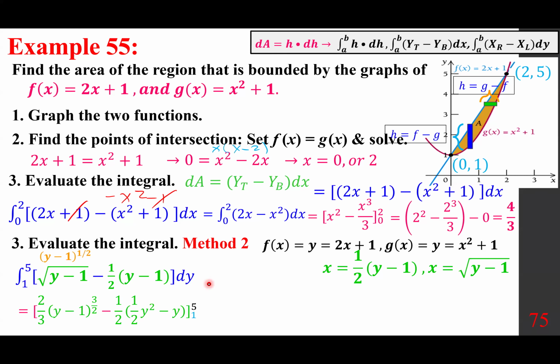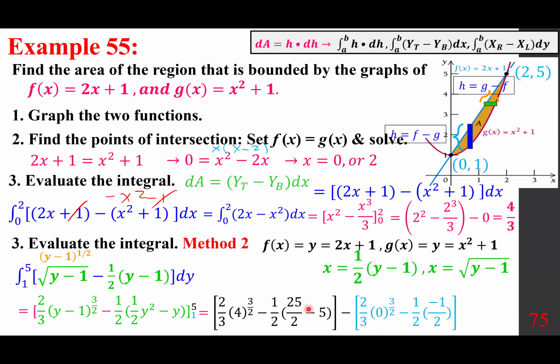You just plug in 2/3, 4 to the power of 3/2, and minus 1/2 times 25 halves minus 5, 2/3 times 0 to the power of 3 halves. And this one, of course, quickly, this is 0.